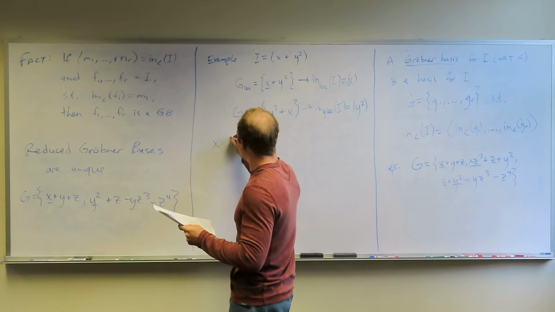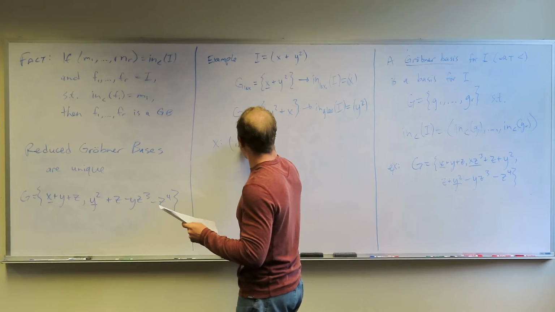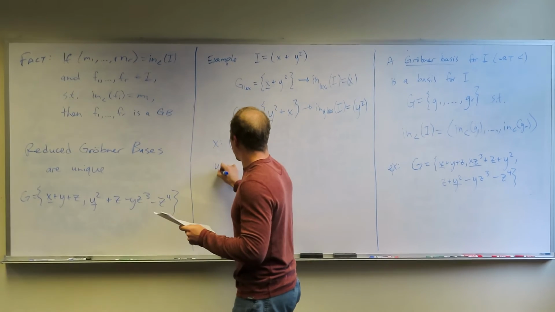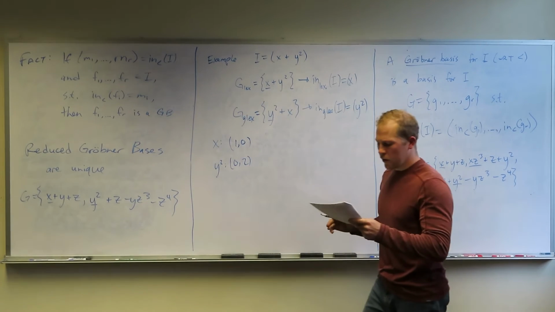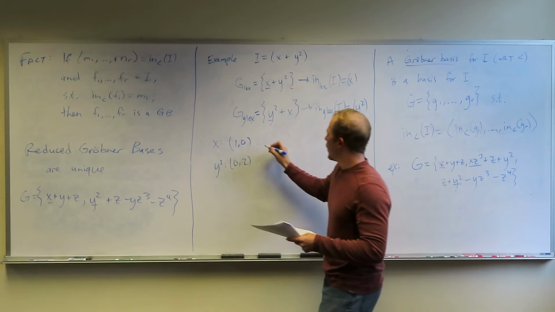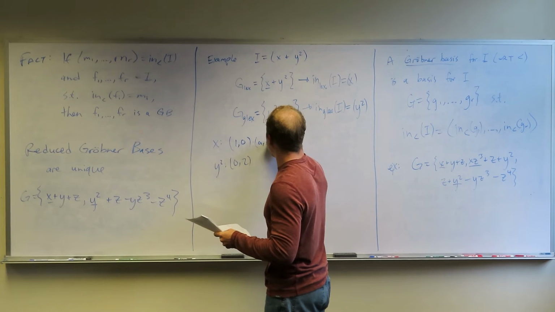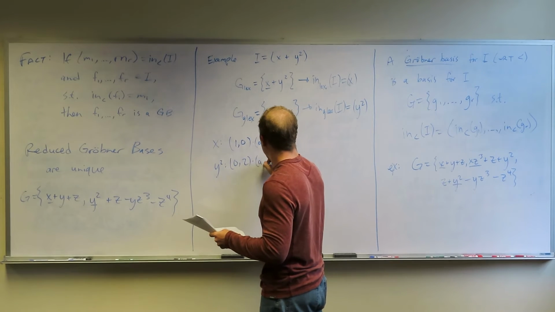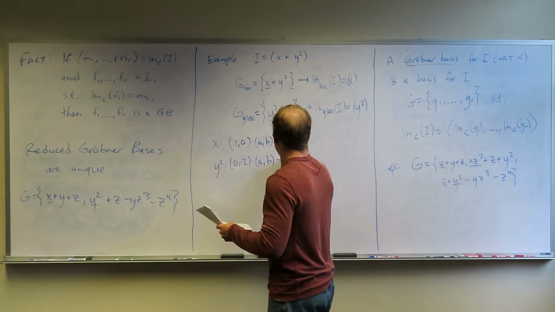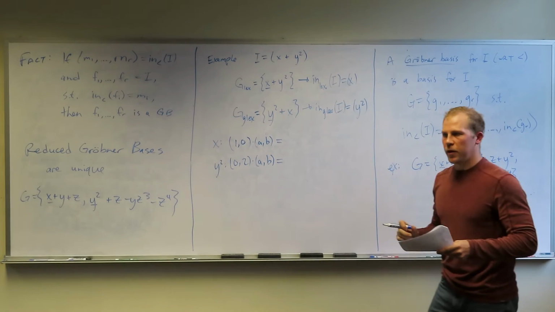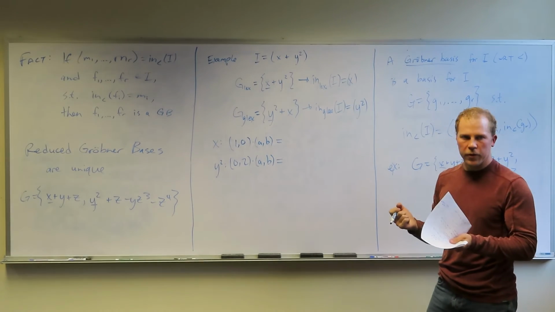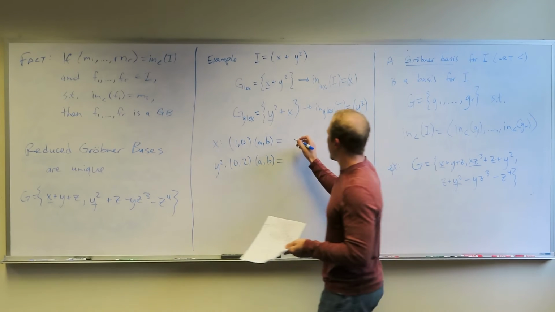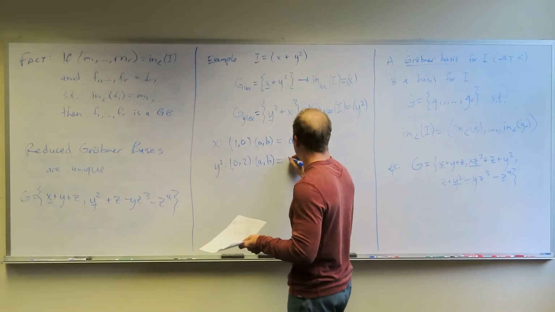So if I have x, the exponent vector here is just 1, 0, and for y squared, which is 0, 2. And so we can look at a general weight vector, say a comma b, and just look at what's going to happen here. This is like doing a general comparison of these two monomials, and here I get A, here I get 2B.